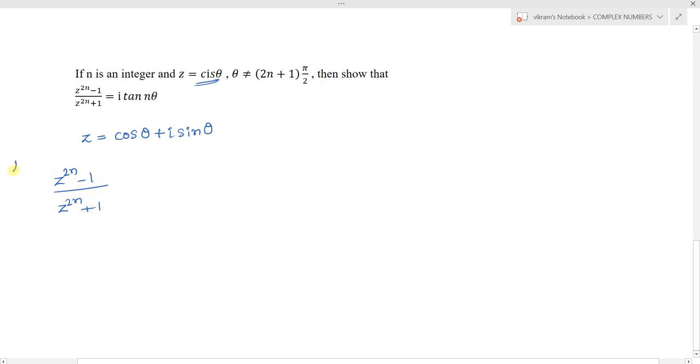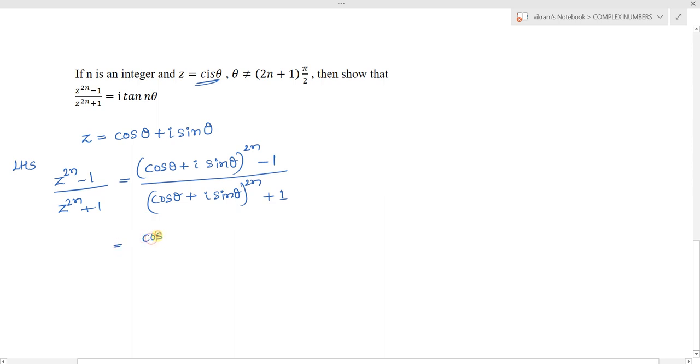Now replace z equals cos theta plus i sin theta: (cos theta plus i sin theta) whole power 2n minus 1, by (cos theta plus i sin theta) whole power 2n plus 1. Here it is powers of a complex number, then we can apply the De Moivre theorem.